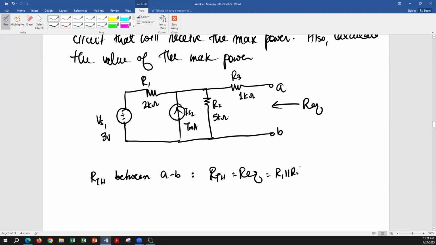R1 parallel to R2 plus R3. Okay. Let's do this. R Thevenin is R1 parallel to R2 plus R3. 2.428K.